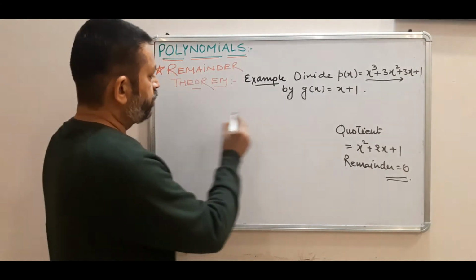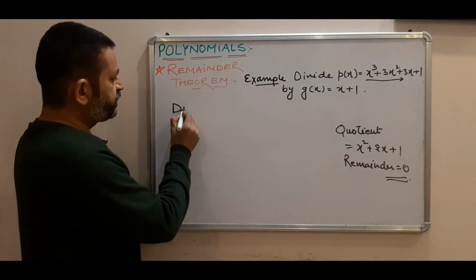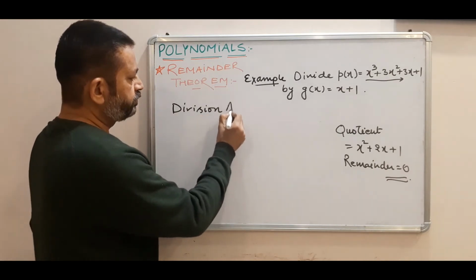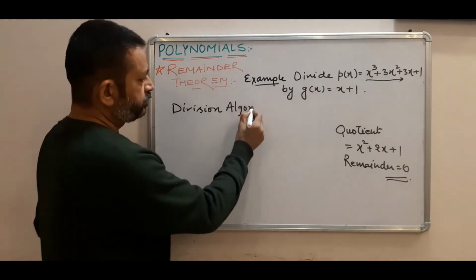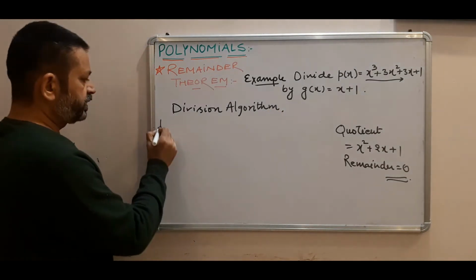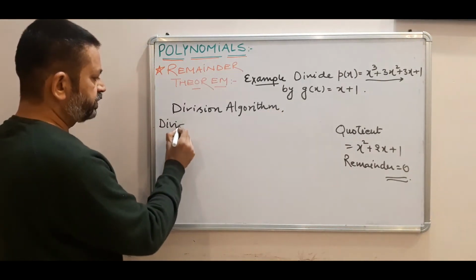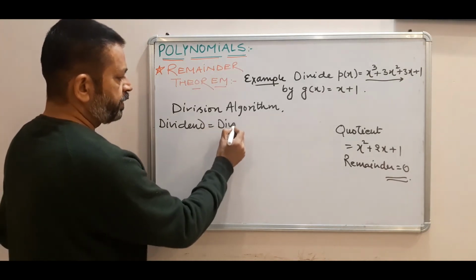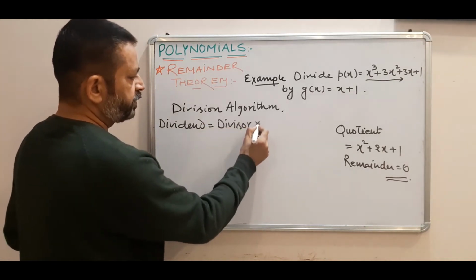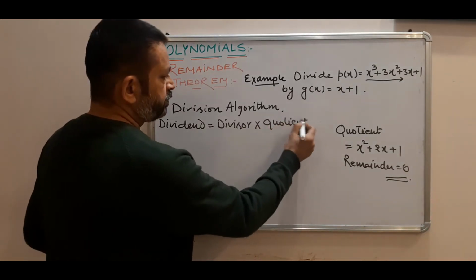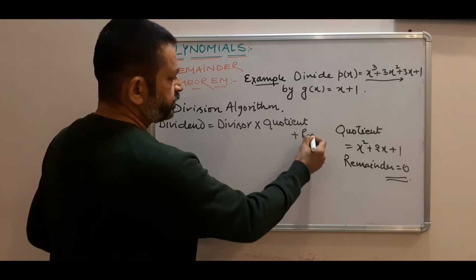Now we have this division algorithm, which says that dividend is equal to divisor into quotient plus remainder.